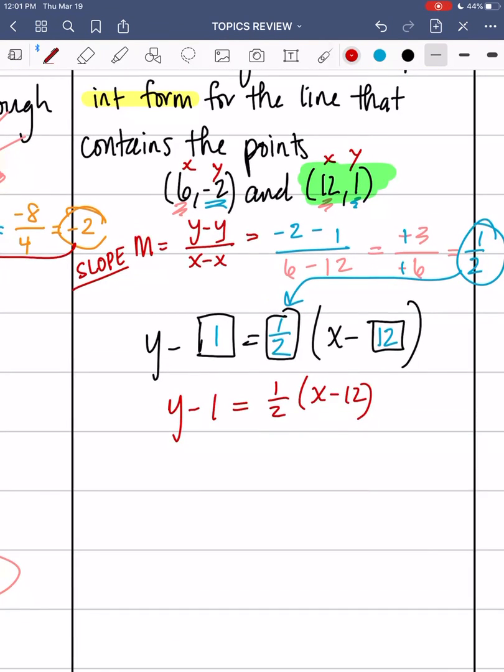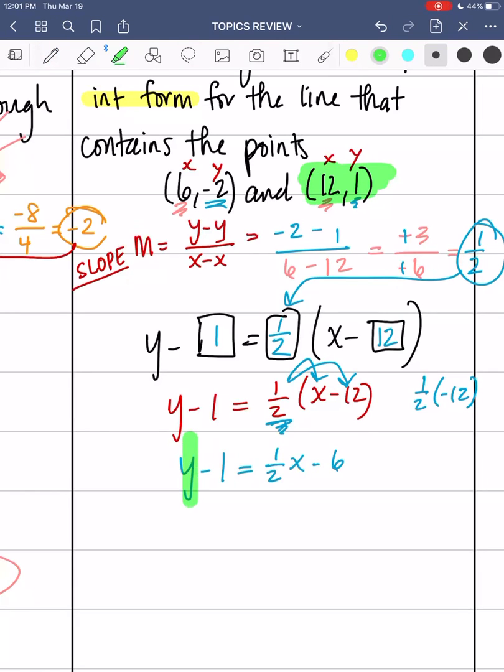All right, let's distribute. So we have to do 1/2 times x. Y minus 1 is going to stay the same over here. 1/2 times x, well, that's just 1/2 x. And then we have to do 1/2 times negative 12. What's half of 12? 6. And we have 1 negative, so it's going to be minus 6. One last step, because we're trying to get y by itself.